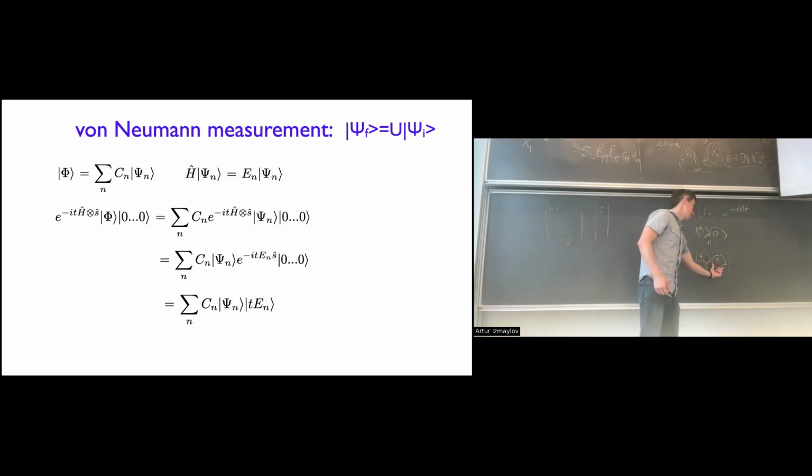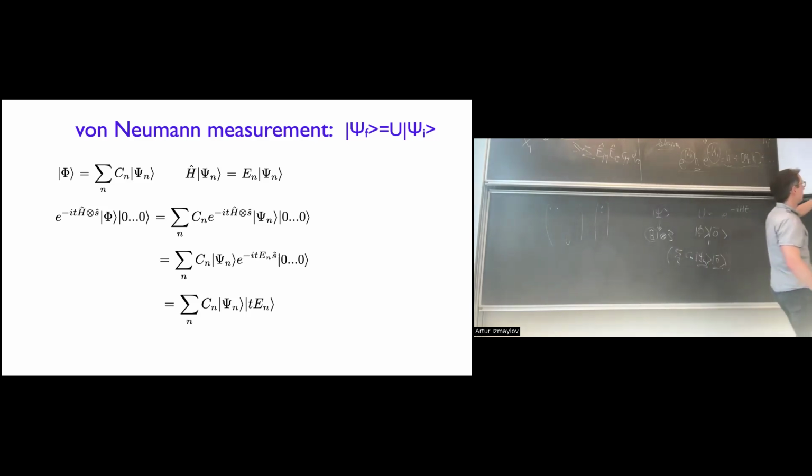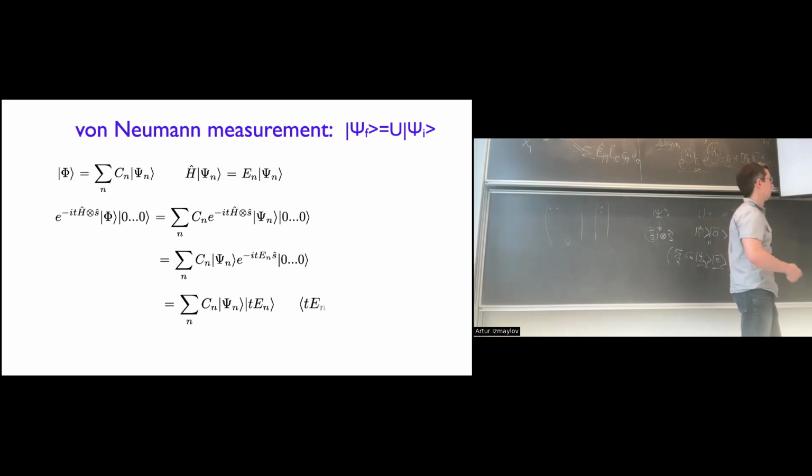And this register will be changed differently based on what eigenvalue psi n will have, because that's what H will be doing. And then this state will be shifted accordingly by the eigenvalue.